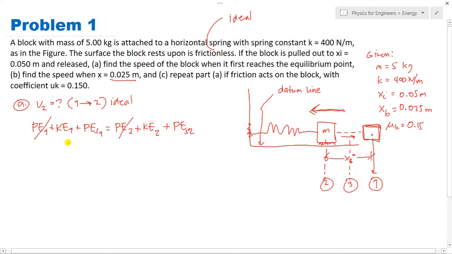How about the kinetic energy initially? Since release raman ni, meaning wala kay initial velocity, so KE1 is 0. Okay, so we only have spring potential energy at 1, that is equal to 1/2 k x sub I squared, diba? Kay gibira man siya daan, so initially at state 1 naa nay siya og spring potential energy.